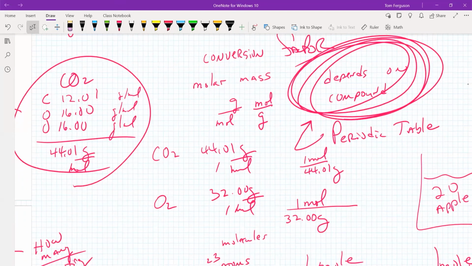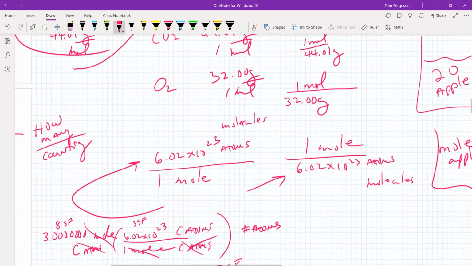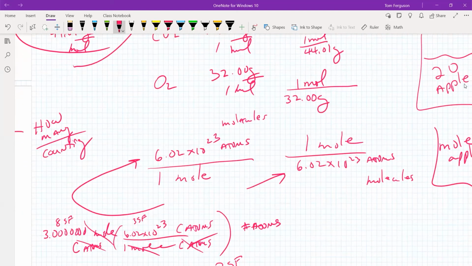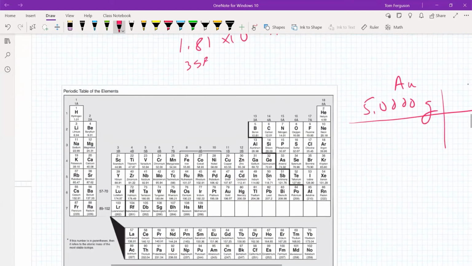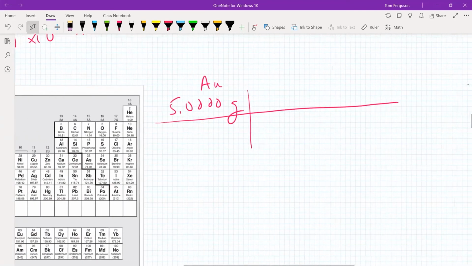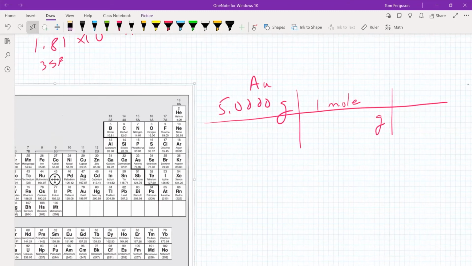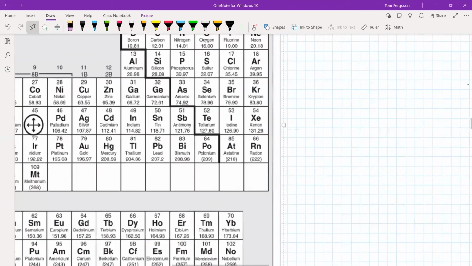One is going to be grams and moles. The other is going to be atoms or molecules and moles. Now in this case, we've got to convert first to moles. And how many grams are in a mole of gold? Gold is right here.